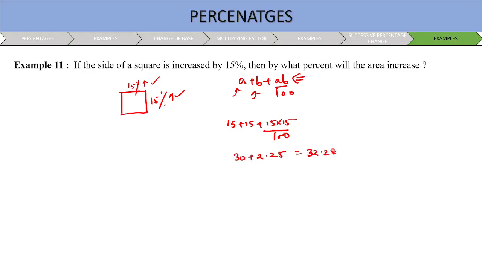So 32.25 is my effective percentage increase. So the percentage increase in area will be 32.25%.